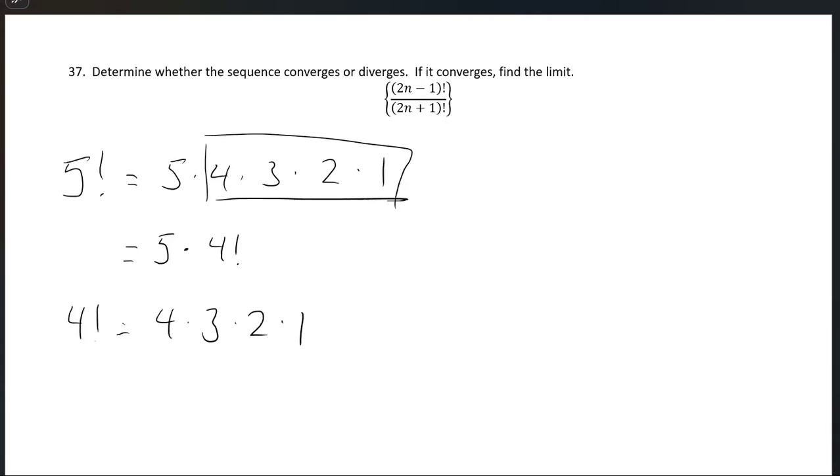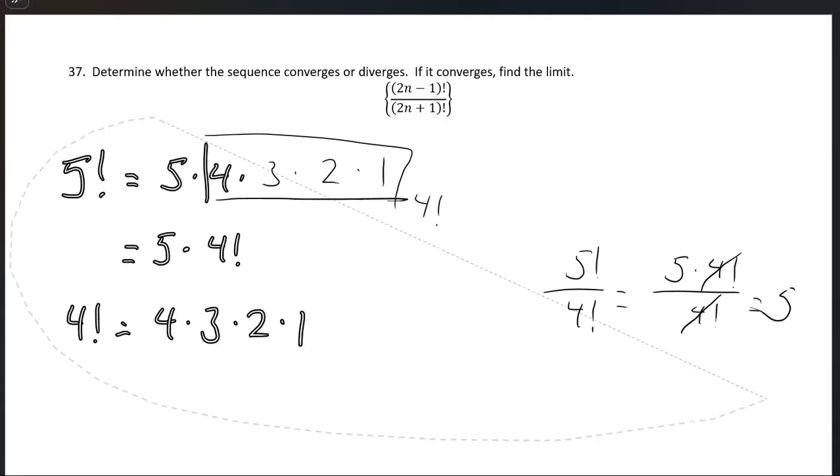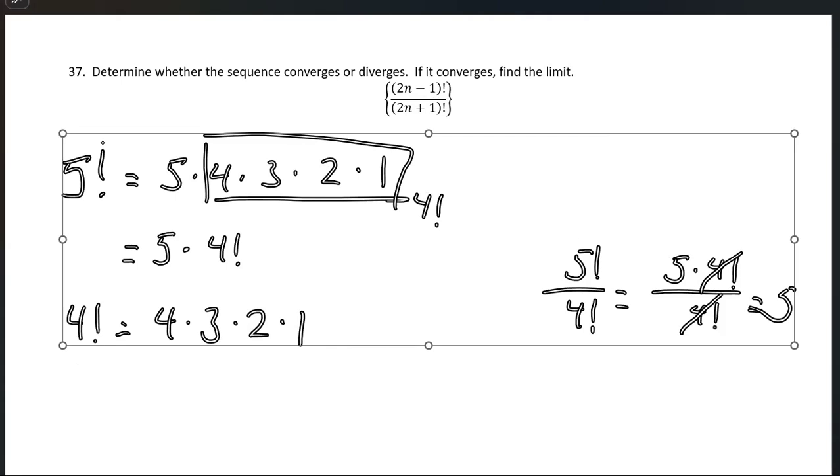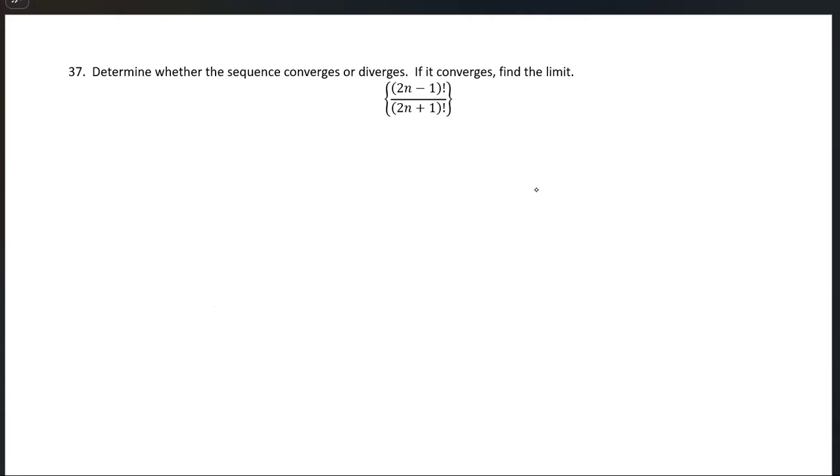This guy right here is 4 factorial. So 5 factorial is 5 times 4 factorial. And if we divide the two, this is 5 times 4 factorial on top and 4 factorial on the bottom. We're left with 5, yeah? So we're going to use this idea, not really an idea, it's just a fact of how factorials work, into this guy.